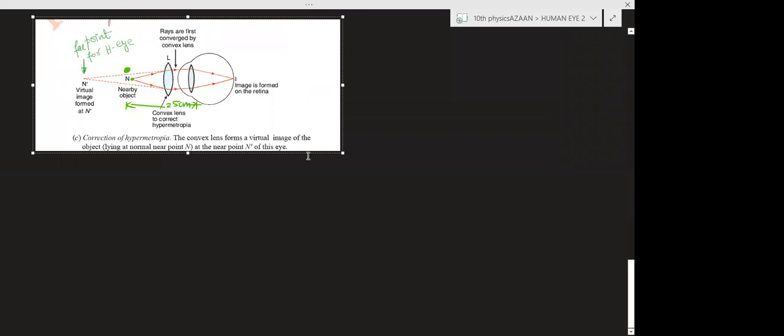Okay, so this diagram also. Just a minute.